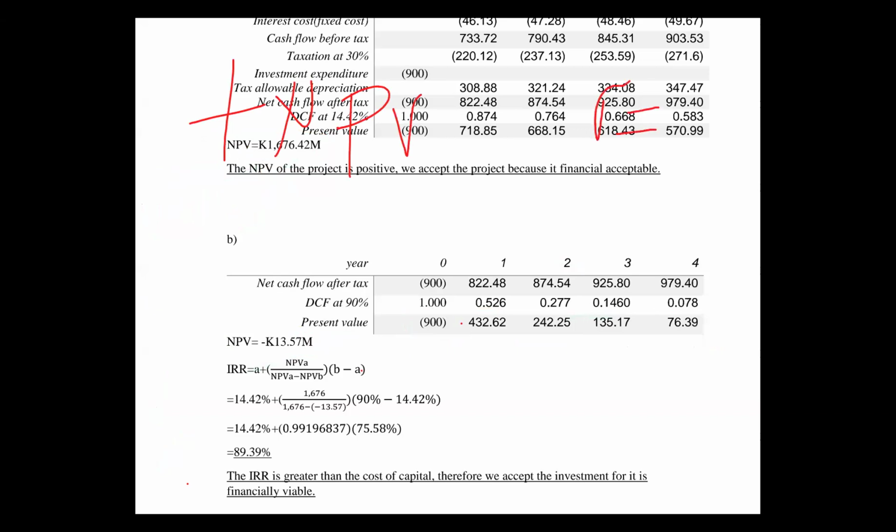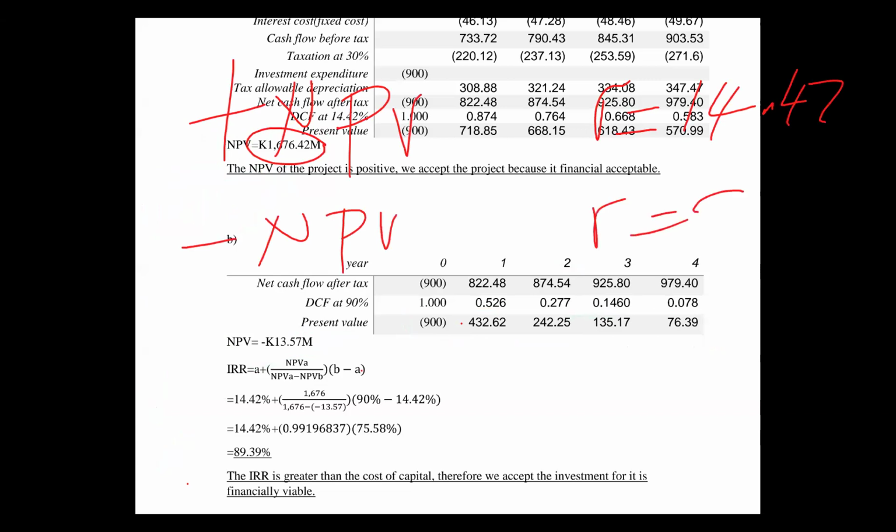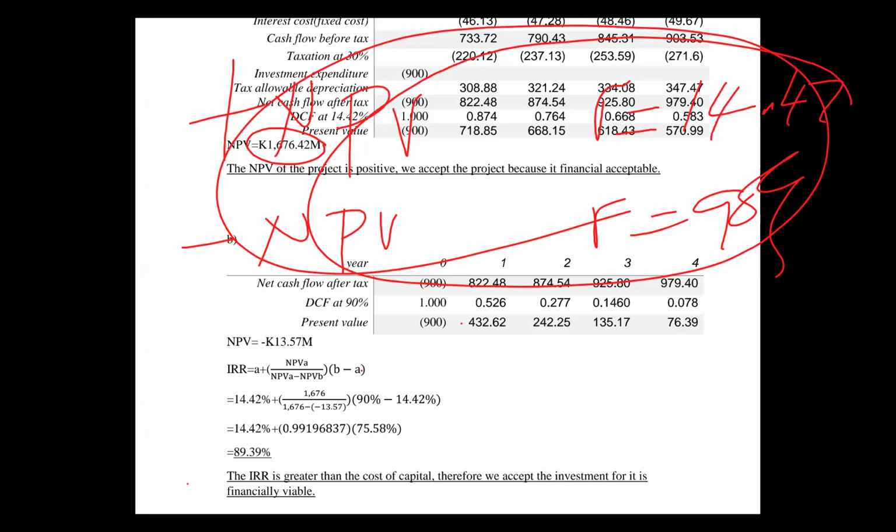The rate that gave us the positive NPV was 14%, isn't it? Then you have the negative NPV, and the rate that gave us the negative NPV was 90%. So you use these four to come up with IRR.